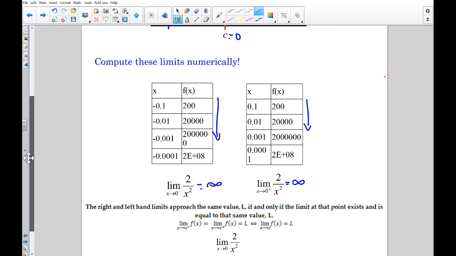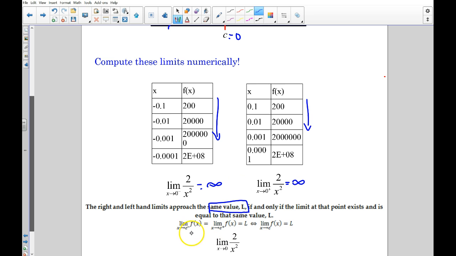Okay, so now we get this nice property or theorem out of all this, and it is that if the left and right hand limits approach the same value L, typically L should be finite, and we're going to discuss this in just a minute. But if they approach the same value, or they have the same limit, then we can say that the limit for the original function has that value.